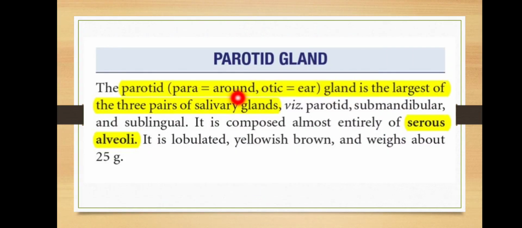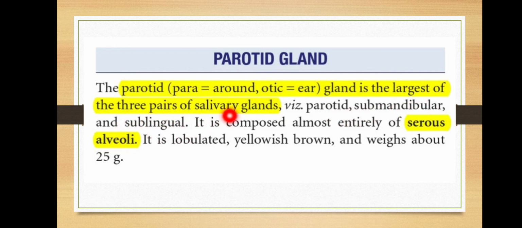Majorly, the parotid gland: para means around, otic means ear. That means this is the gland present around the ear, and it is the largest of the three pairs of salivary glands. As you know, we have three pairs of salivary glands: parotid, submandibular and sublingual.